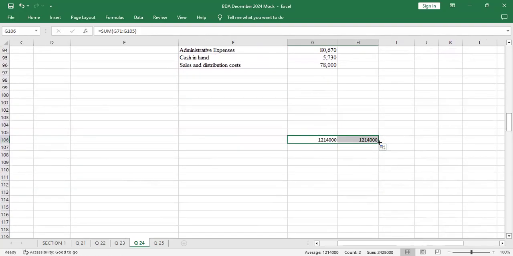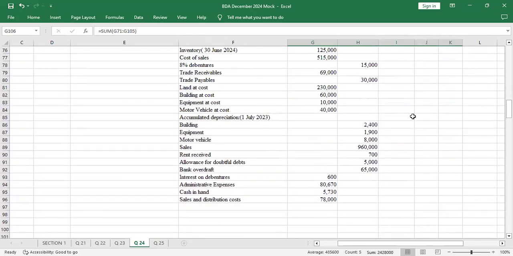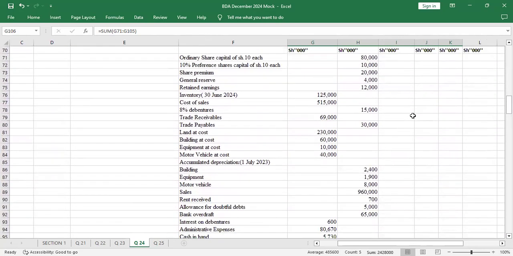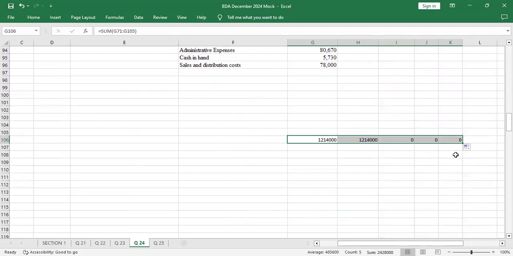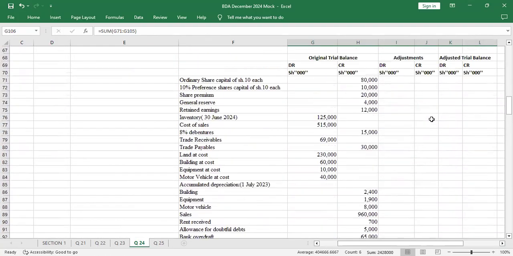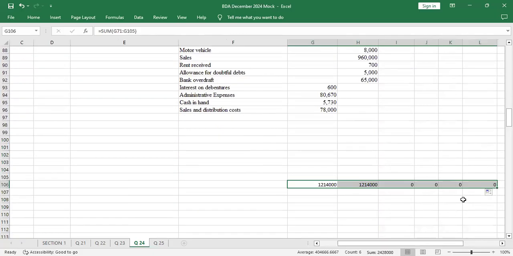Yeah, it has balanced at 1,214,000. I'll drag all the way for the remaining columns, so that when I do my entries, they balance automatically and you can follow and see.